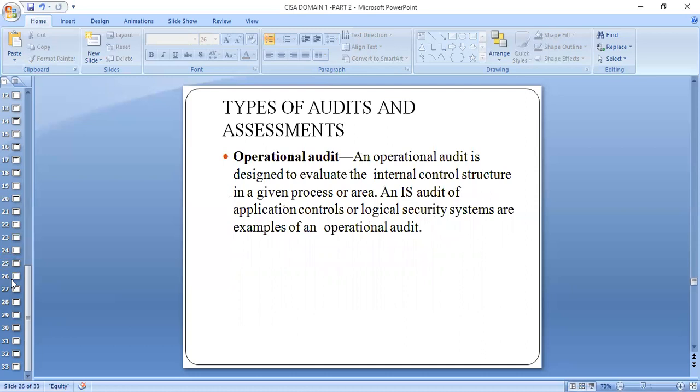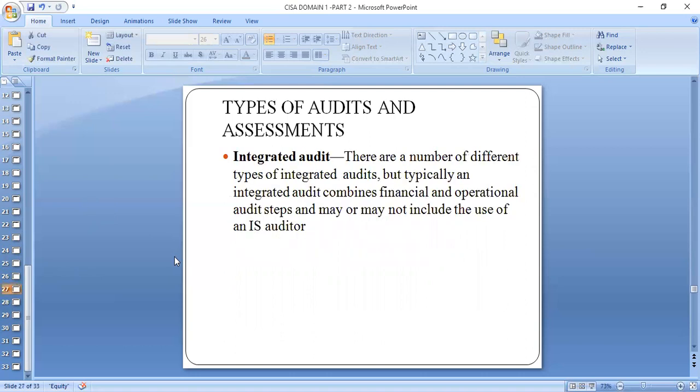Okay, operational audits are basically audits of internal controls and application controls, to determine the adequacy of controls within the organization. Okay, you have integrated audits, very popular these days. So you conduct IS audits, financial audits, environmental audits, all manner of audits combined together. The big five, big four, this is what they do these days.